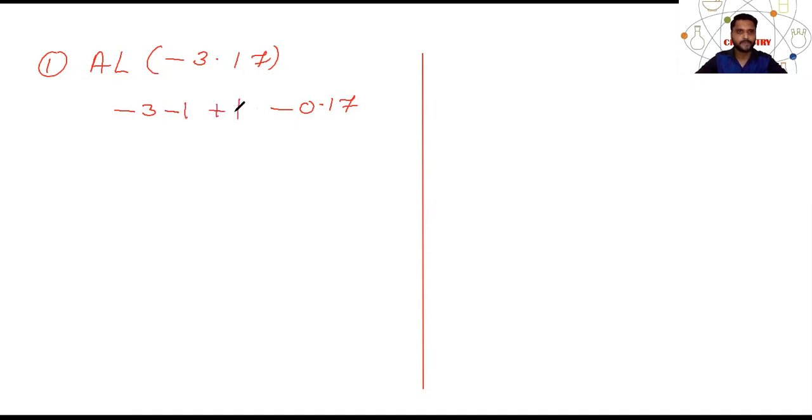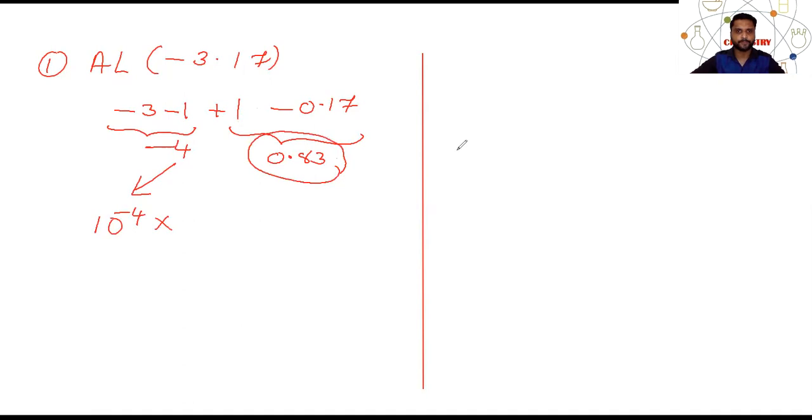Anyways, value will remain the same. -3 minus 1 becomes -4, and +1 minus 0.17 will give 0.83. So this -4 becomes 10 to the power -4 multiplied by log of which value will give me 0.83.